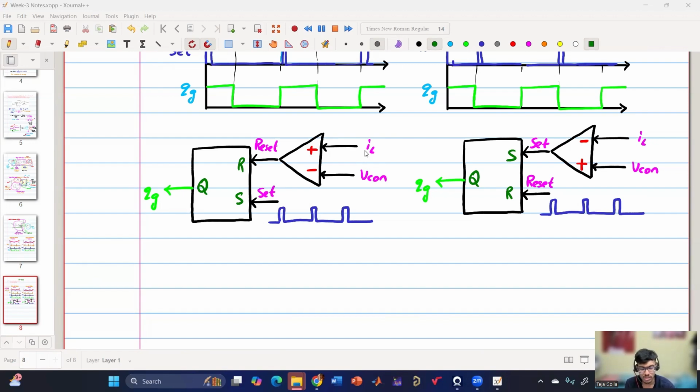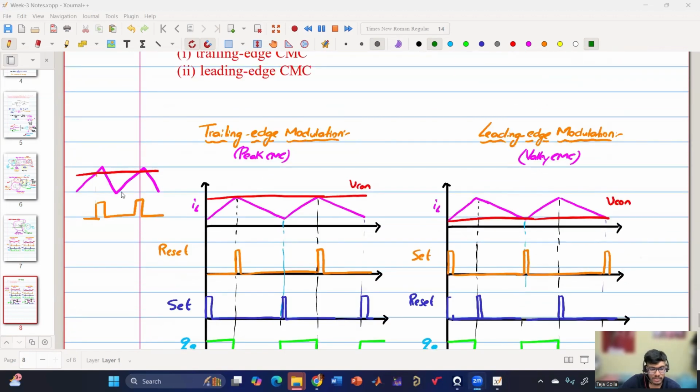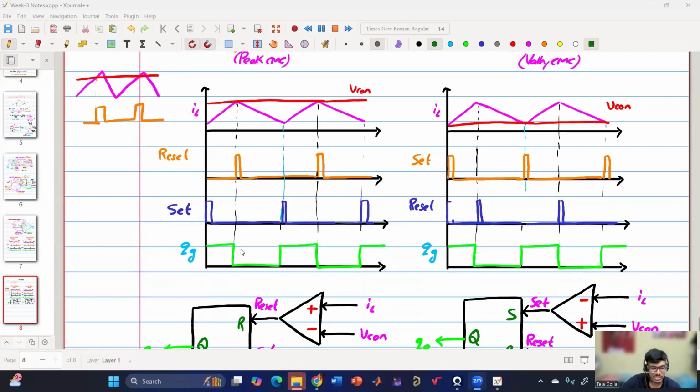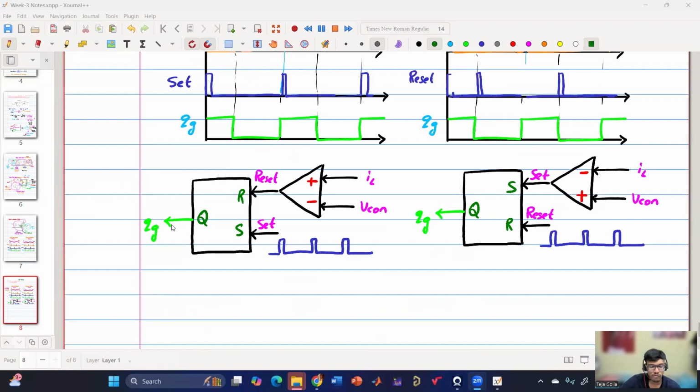Okay, thank you. Naveen has asked one question: why practically does IL cross VCon? IL should cut off before VCon, sir. Practically, IL will slightly cross VCon because we need to have a reset pulse. Once this reset pulse comes, the flip-flop will turn off.